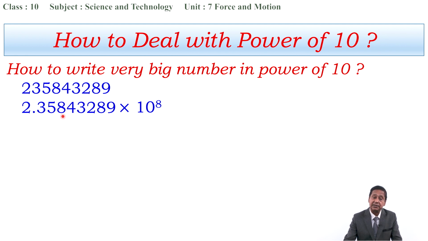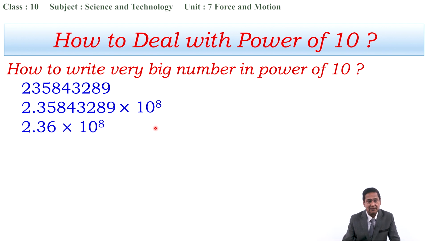If the third digit is 5 or more than 5, then we add 1 to the second digit and we write 2.36, and the remaining digits can be removed. And this is the average value. Look at this like this. Here the third digit is more than 5.